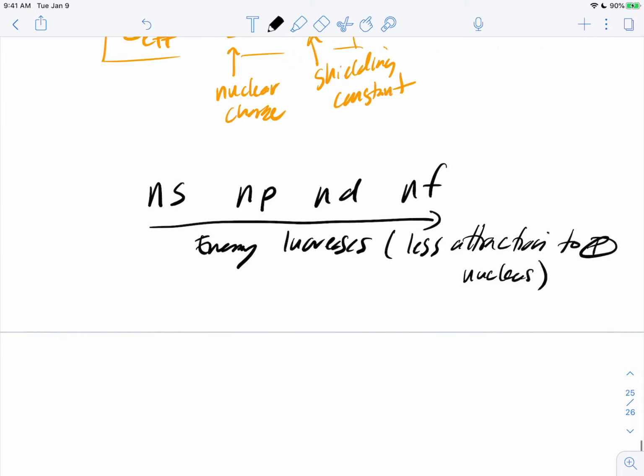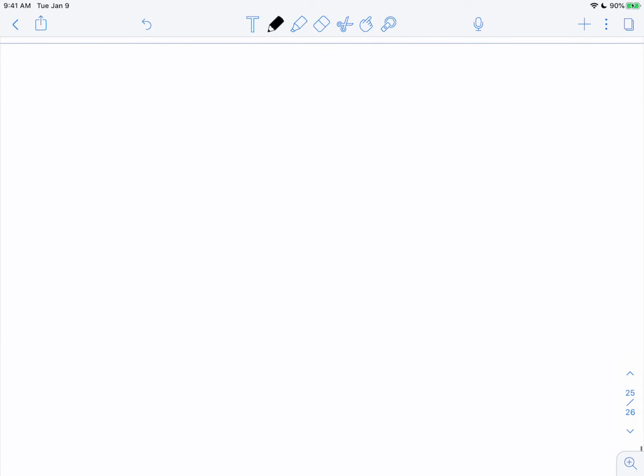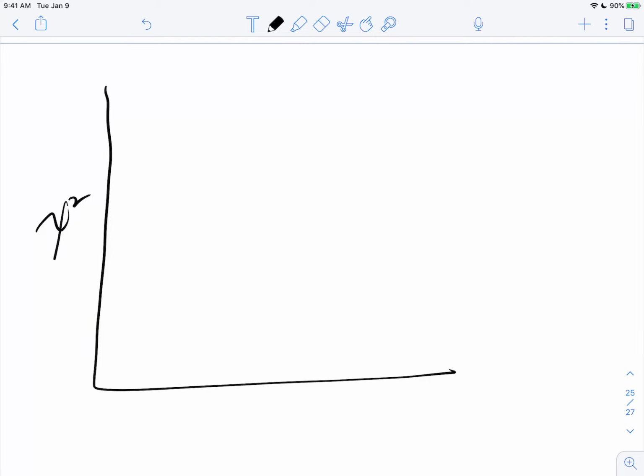We can summarize that very nicely in a plot, which we've already done before. This is the probability of finding an electron versus distance from the nucleus, the same plot we've been using. Now we're going to plot the 1s, the 2s, and the 2p to understand why we bump up energies for the 2s and the 2p, or specifically the 2p. We've got the 1s, we'll draw that first.